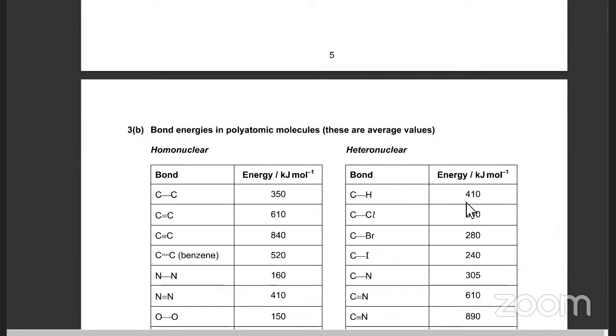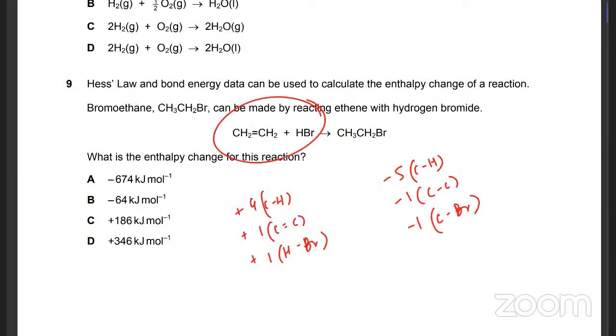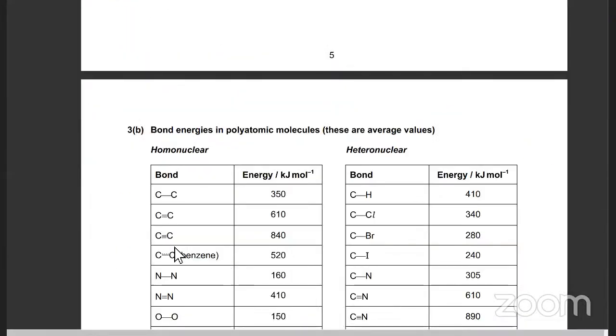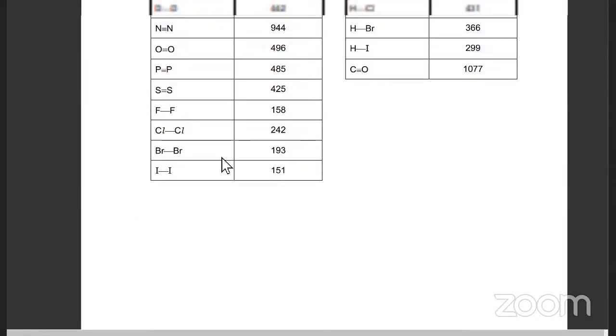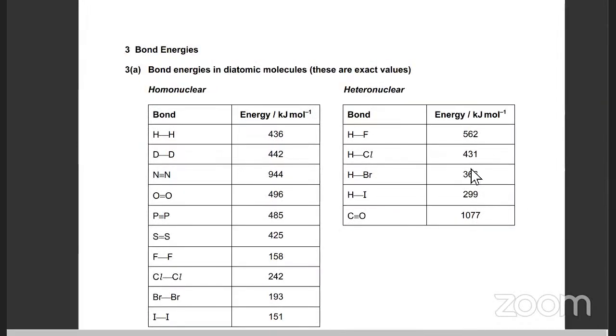So I've got 410 times 4. And C=C is what? Where's C=C? This one, 610. And I've got an H-Br, where's H-Br? That's 366.